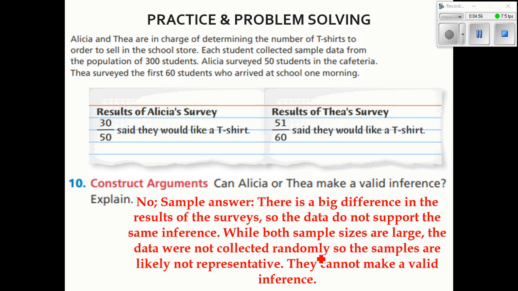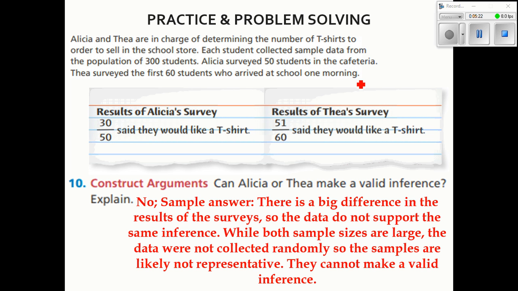And why does it say that they weren't collected randomly? Remember, each student collected sample data from a population of 300 students, but Alicia surveyed 50 from the cafeteria, while Thea surveyed the first 60 kids who arrived at school. If you're one of the first people that gets to school, you might be a go-getter and really into your school.